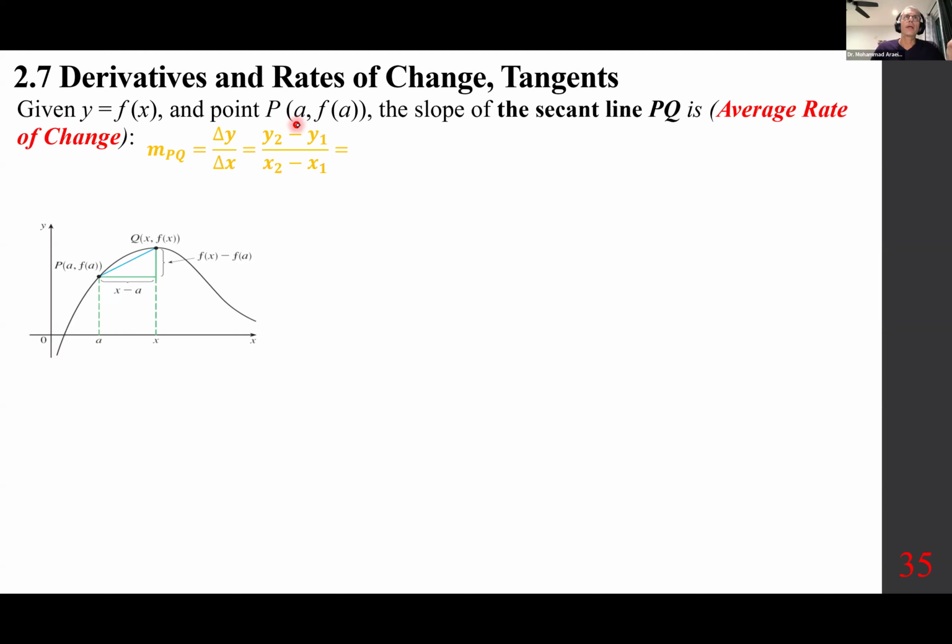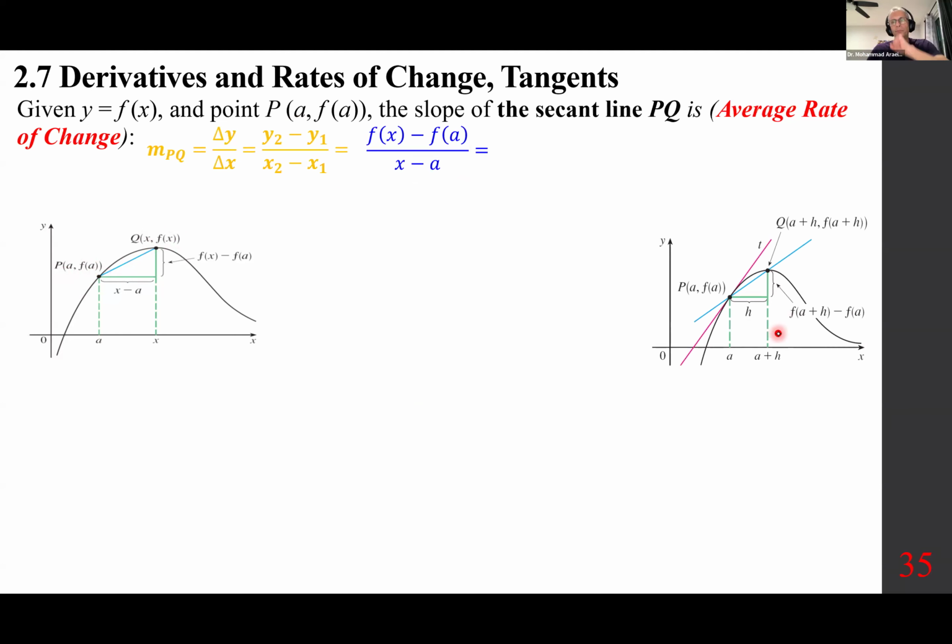There are other ways of writing that. For example, if we look at these two points, now we write f of x minus f of a over x minus a. That's the same thing. If we look at this graph, now it's f of a plus h minus f of a over a plus h minus a, which makes it h.